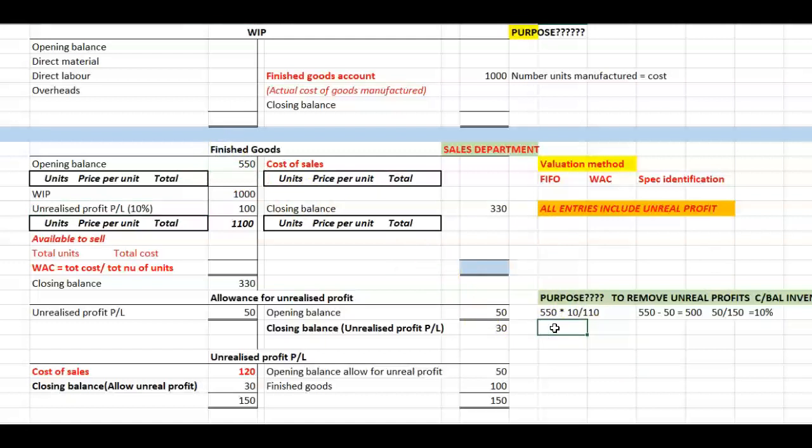If I didn't give you the opening balance, and I told you that the unrealized profit component was 10% and the allowance for unrealized profit balance at the beginning of the year was 50, what would you do? You would say 50 times 110 divided by 10 equals 550. So the opening balance, you can calculate it now, is 550.